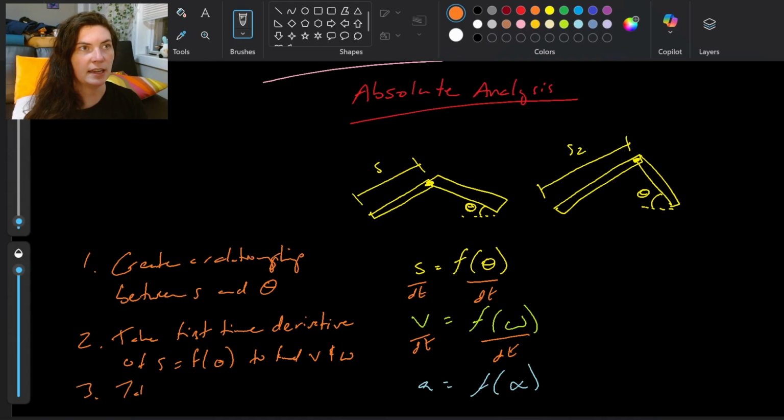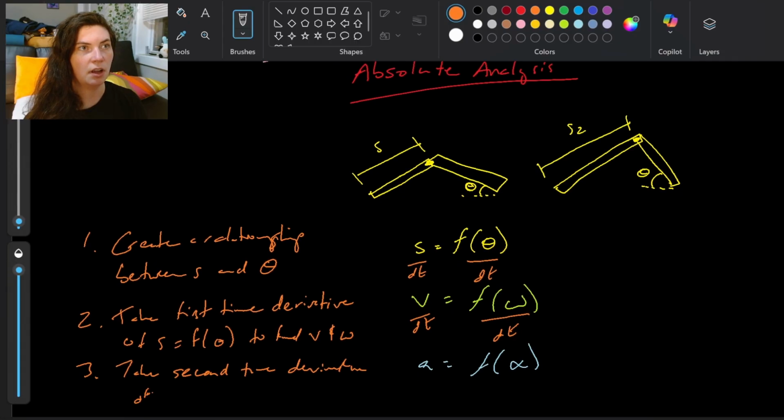And then you're going to take a second time derivative of that original S function to find your acceleration and your angular acceleration. So these are the basic steps when we're working with this.